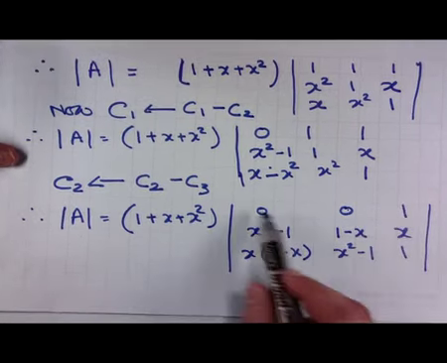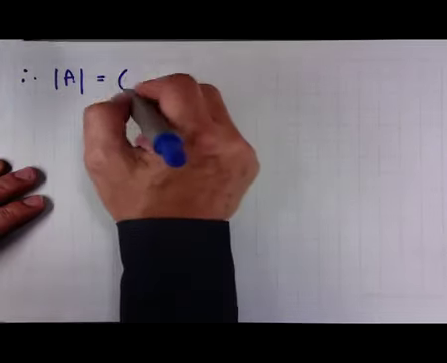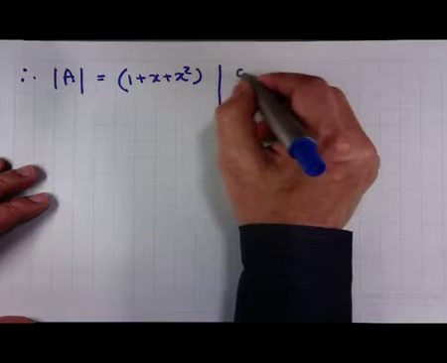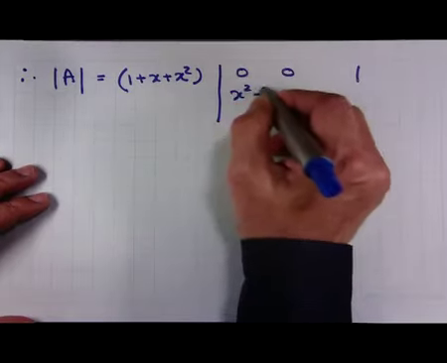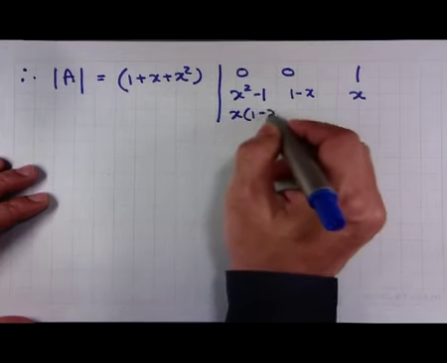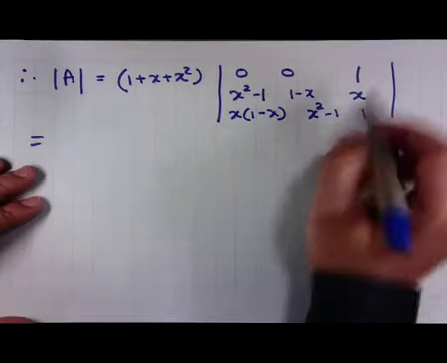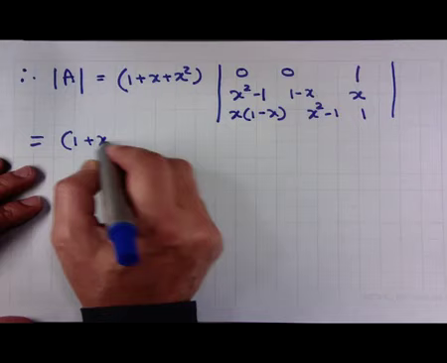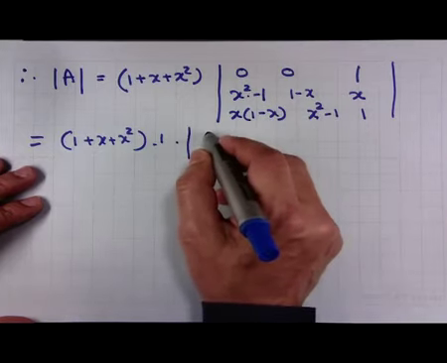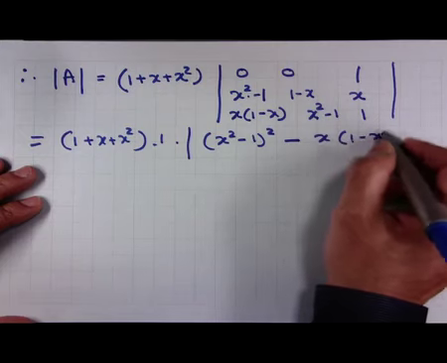Therefore, if I now expand it along row 1, I get that determinant of A is equal to 1 plus x square into the determinant of 0 0 1; x square minus 1, 1 minus x, into 1 minus x square minus 1 into 1, which is equal to 1 times this minus this, which is equal to x square minus 1 whole square minus x into 1 minus x whole square.